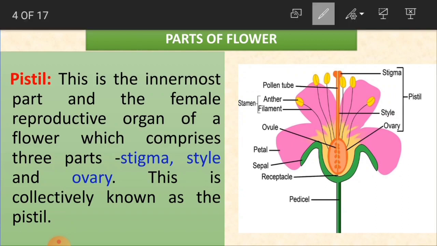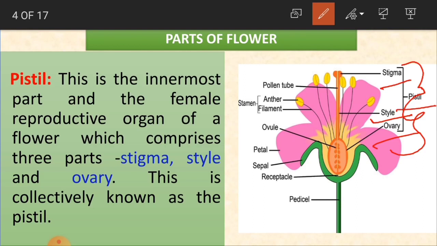Yes, what is pistil, children? This pistil has three parts, that is stigma, style and ovary. These three collectively, in the sense combinedly, are known as pistil.